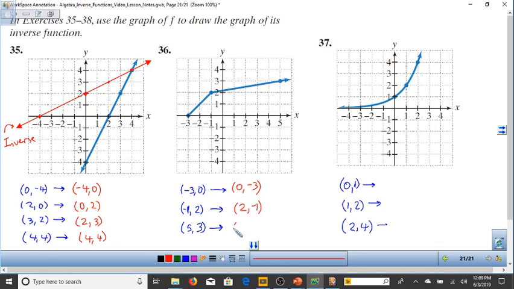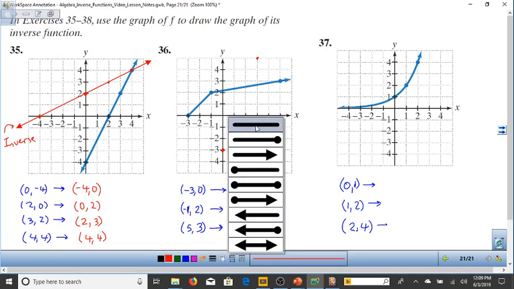And then we just plot our points. So 0, -3, 2, -1, and 3, 5. And now we join them. Since those are straight line segments, we'll do that again.